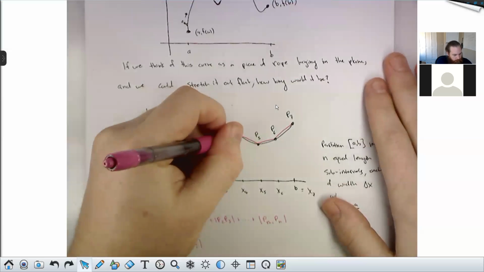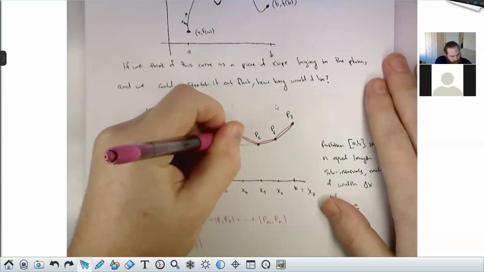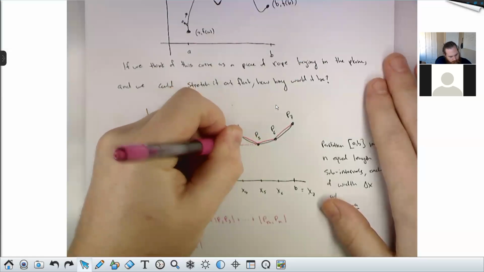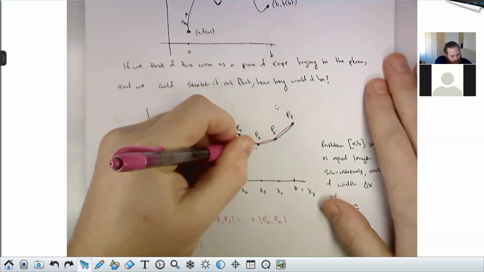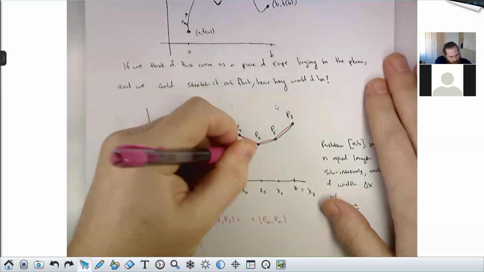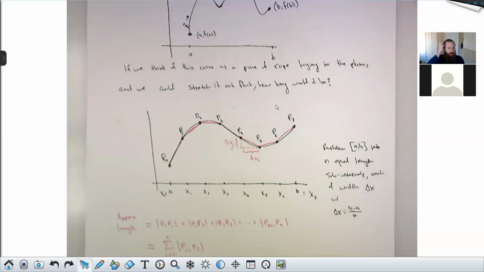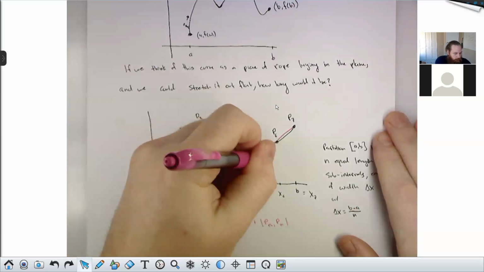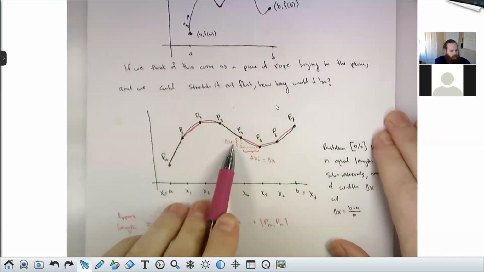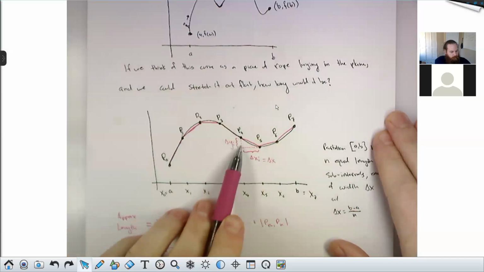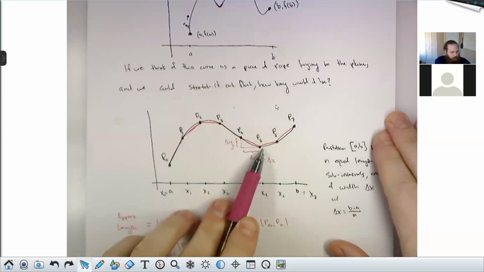So if I call this delta yi, and I call this delta xi, the delta xi's are all the same. They're all just delta x. And the delta yi's are the distance from the y value here, the vertical distance, to the y value here.